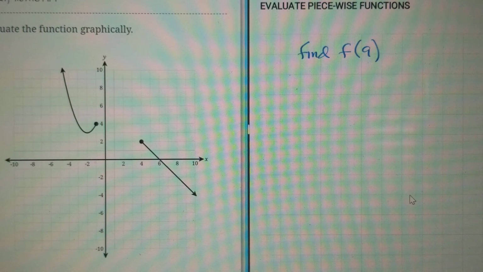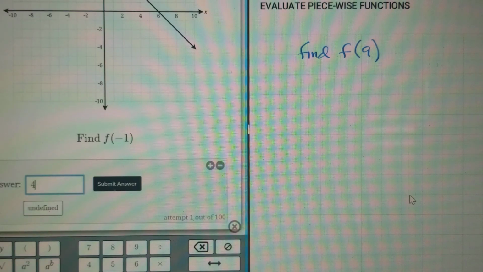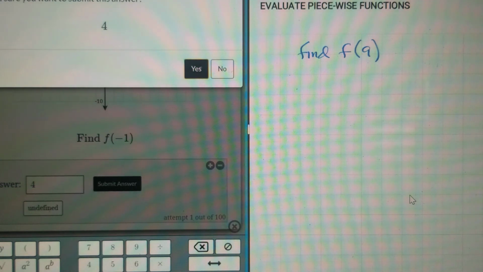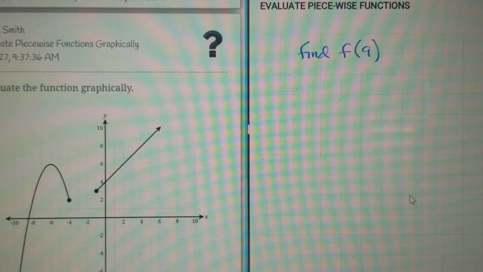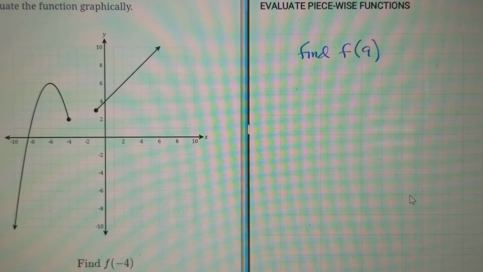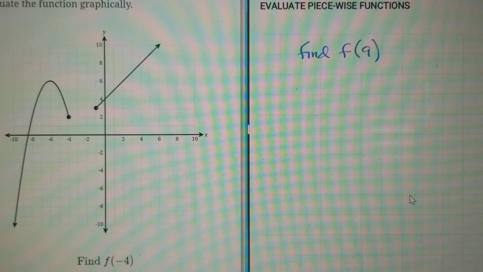Well, that does have a point at f of -1, which is 4. So that one doesn't look very tricky either. And evaluate f of -4. Well, you know what? It doesn't look like any of these are very tricky, so I'll just let you check them out.